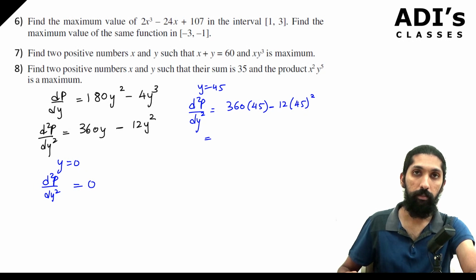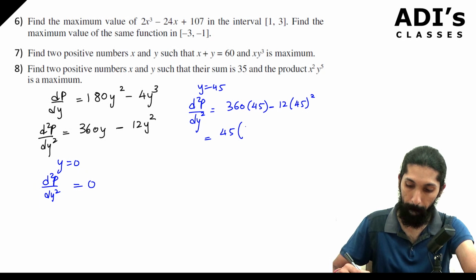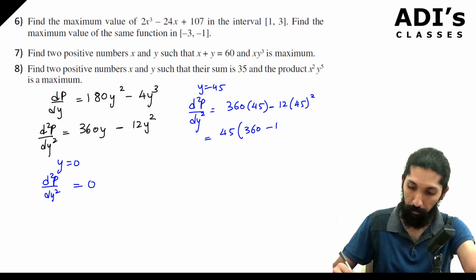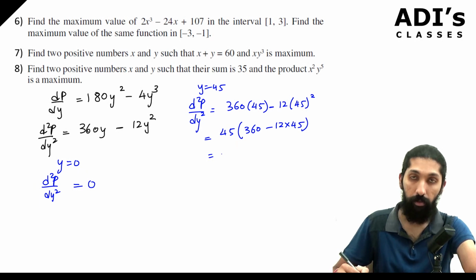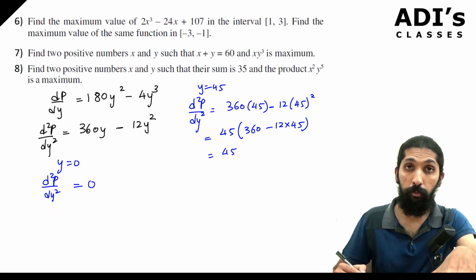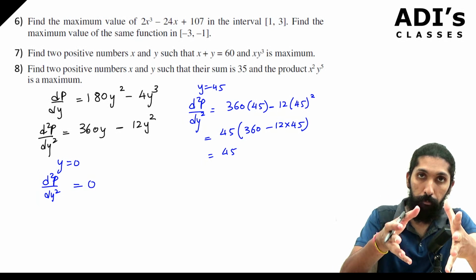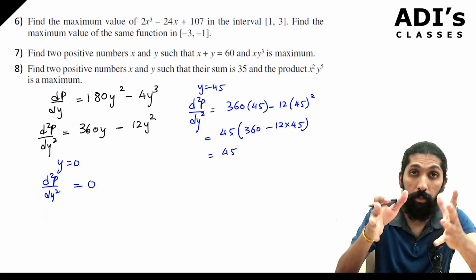So here you can take 45 as common. So 360 minus 12 times 45. Guys, remember one thing, you don't have to multiply and get the answer. Try to take it common because you're trying to prove that it is negative. You're not actually trying to find the value.